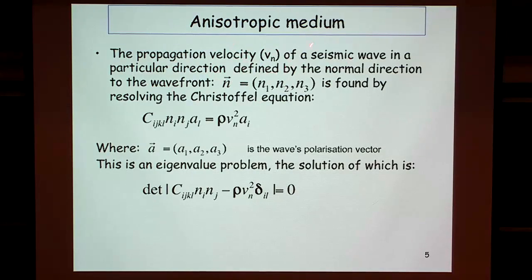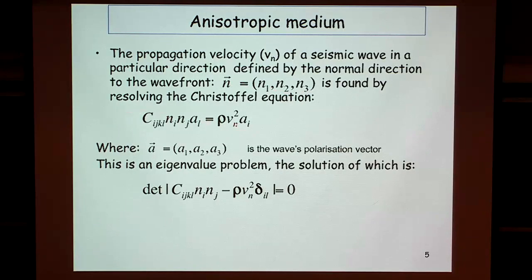A particular seismic wave will be defined by its polarization. So you solve this equation, called the Christoffel equation, where you have two vectors: the wave's polarization vector and the direction of propagation.